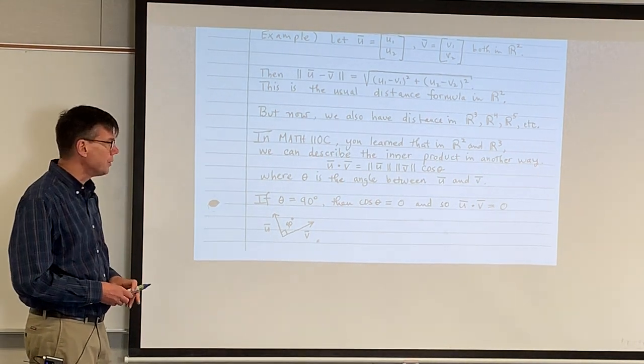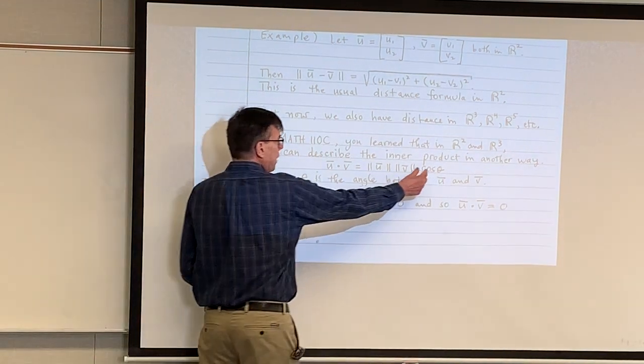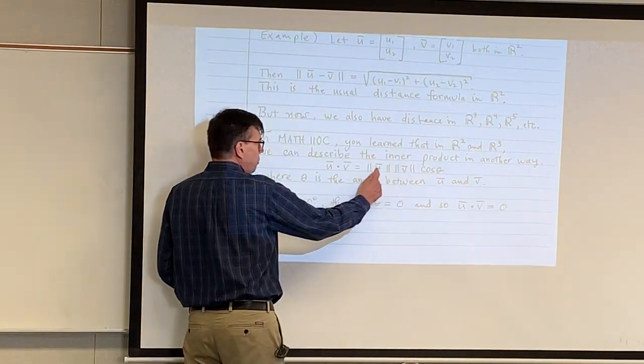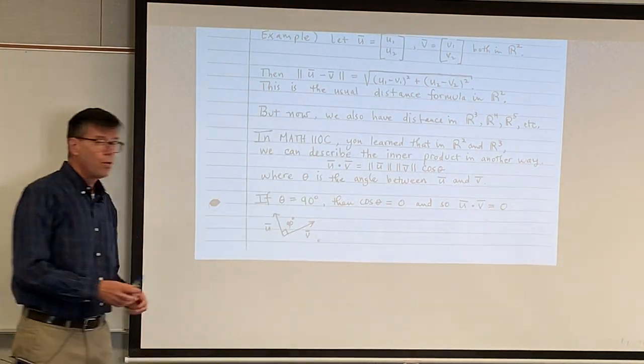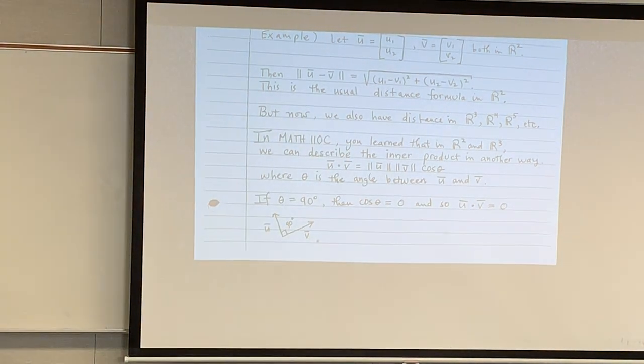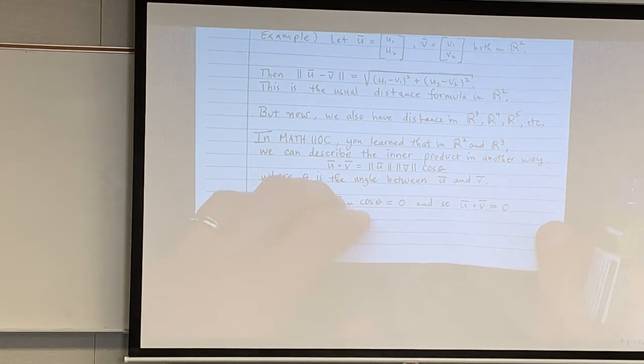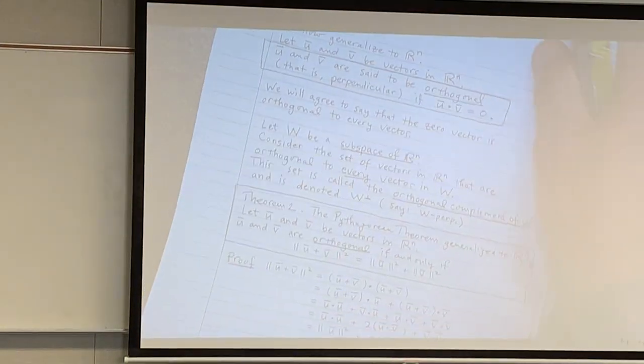Cosine of 90 degrees is 0. So this product is 0. That means u dot v is 0 when the angle between two vectors is 90 degrees. Turn the page.